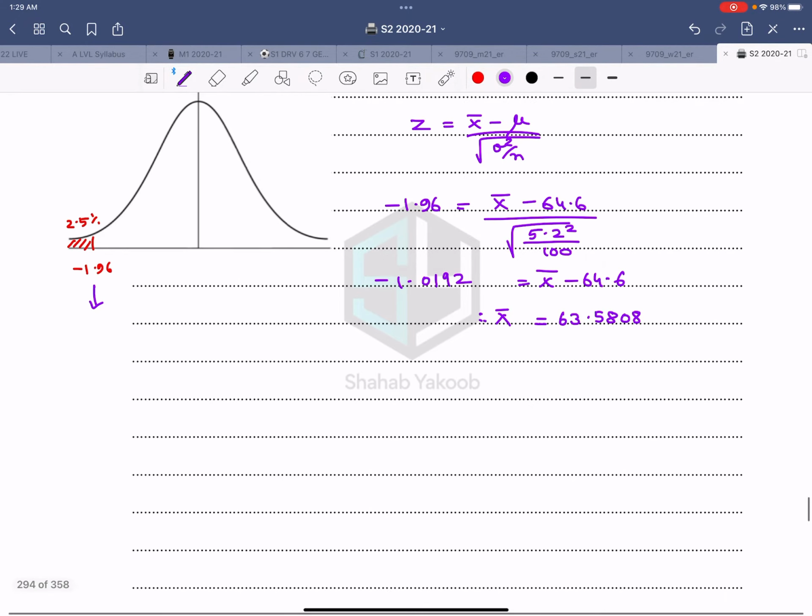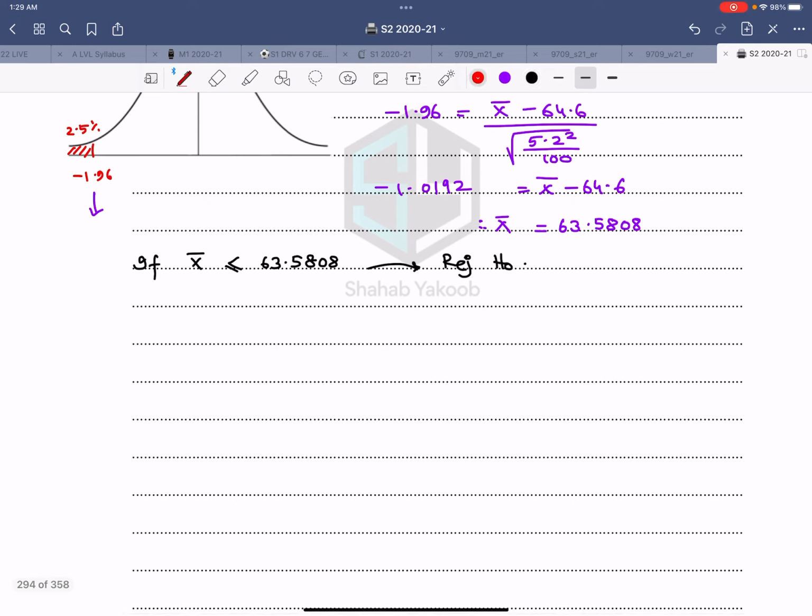That means if x bar is less than 63.5808, less than or equal doesn't make much of a difference, then we will reject H naught. In other words, if x bar is greater than 63.5808, we would accept H naught.